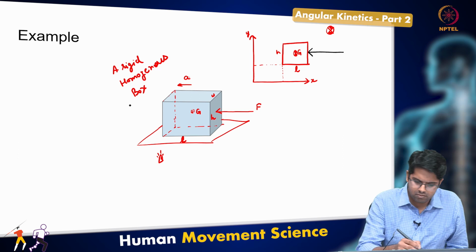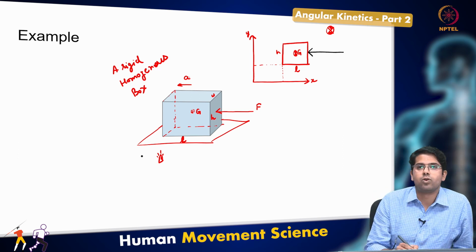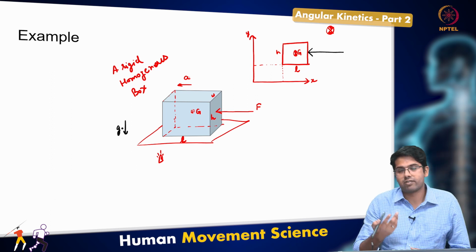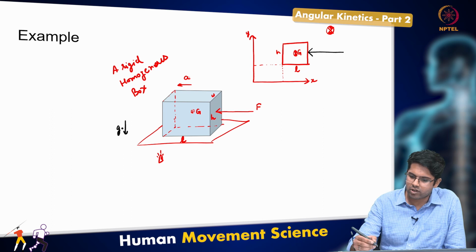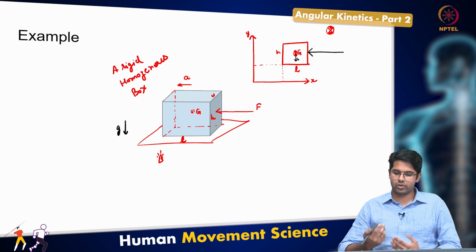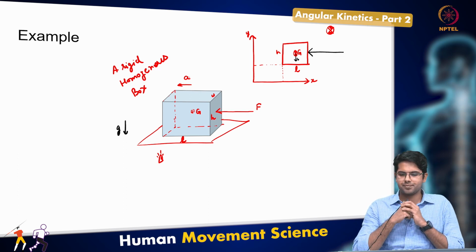Well, let's say this is sitting on the floor of a planet like Earth. So there is acceleration due to gravity, which means there is a gravitational force acting on this, right? Okay, what else?